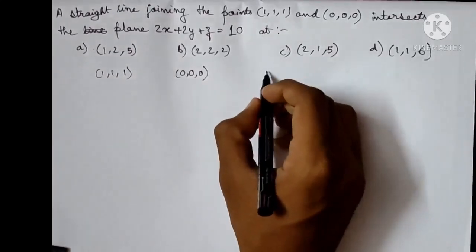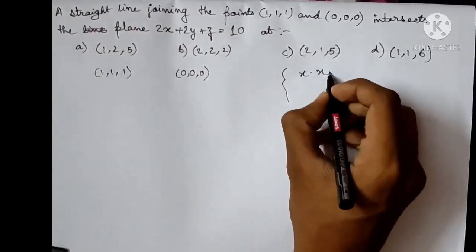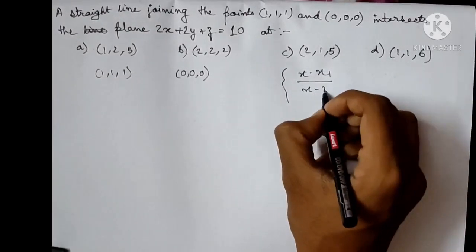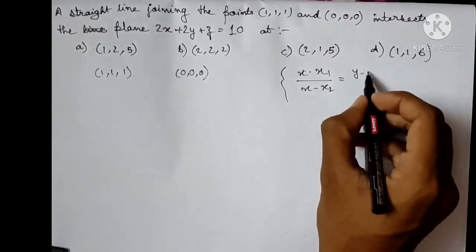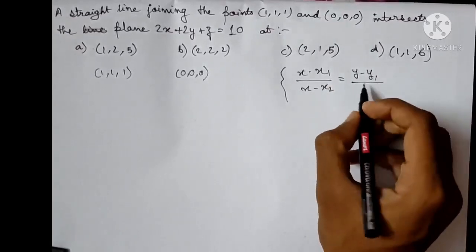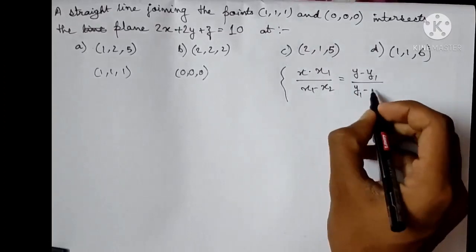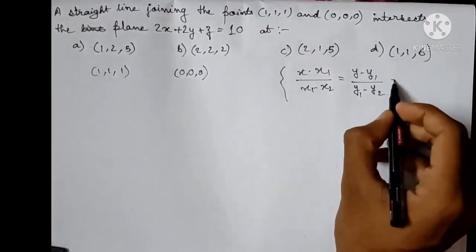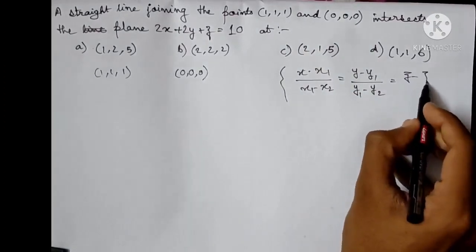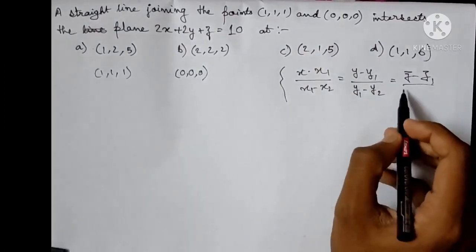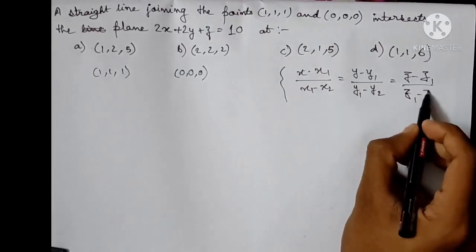Now we know the formula: (x minus x1) divided by (x1 minus x2) is equal to (y minus y1) divided by (y1 minus y2) is equal to (z minus z1) divided by (z1 minus z2).